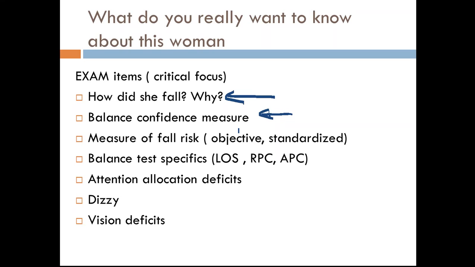Fear of falling is one of the top risk factors for repeat falls. Once somebody falls, they're afraid, especially if they broke something. So breaking that pattern, specifically addressing fear of falling as a confidence-building part of your treatment plan, becomes imperative.